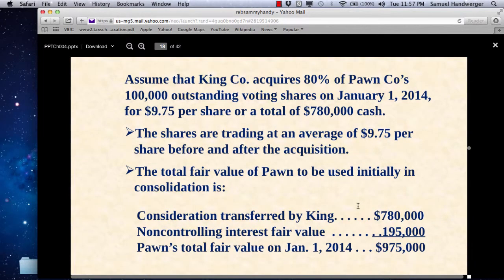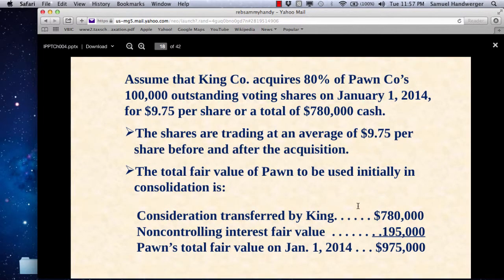The shares are trading at the same value, so now we know that the price paid for 80% is without a control premium. By the way, in the part 1 video, when we said that the control premium represents goodwill, that's always the case. Control premium will always be allocated to goodwill.